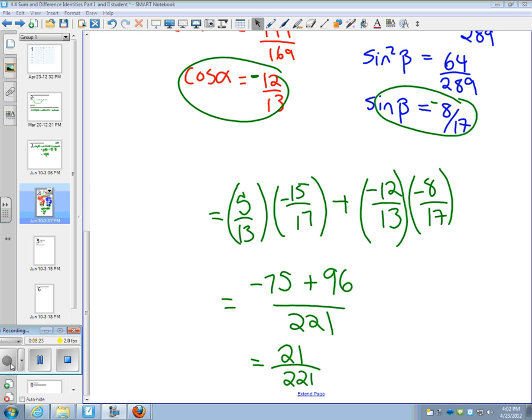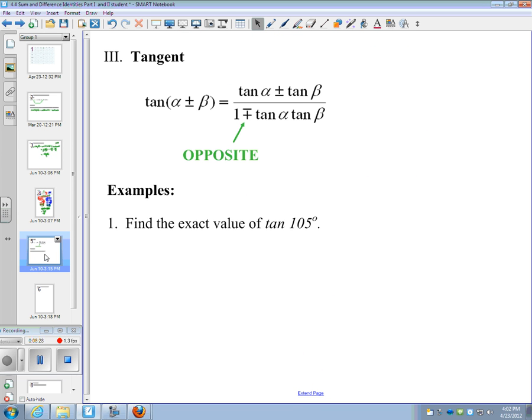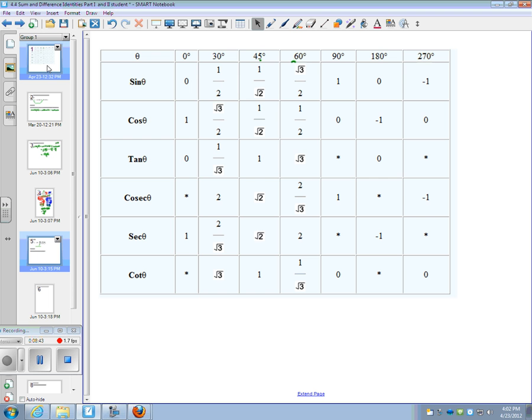Okay, next question. Say a similar identity with tangent. So just looking at your signs again. We're going to do the tangent of 105. So we need to write 105 somehow using exact values, using 30, 45, 60.